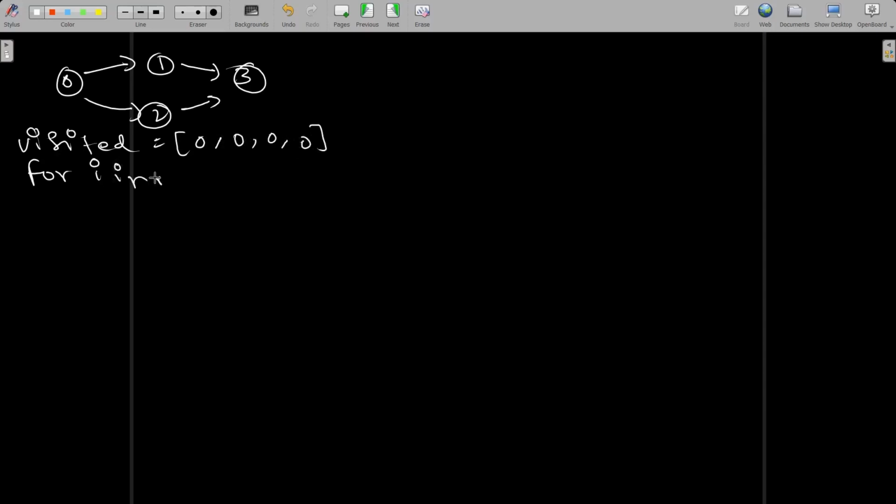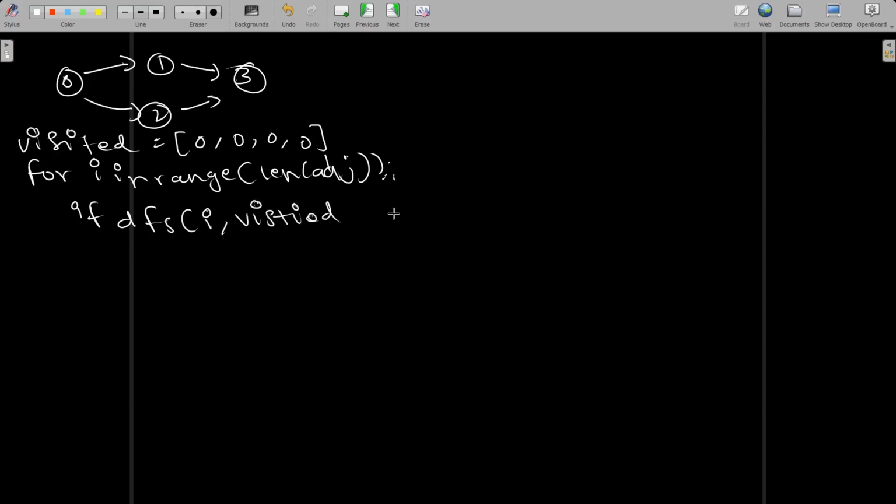For i in range length of adj, what we'll do is if not DFS of i, visited, and adj, the adjacency list, we're also passing that, right? If not, we return false, else we return true, right?